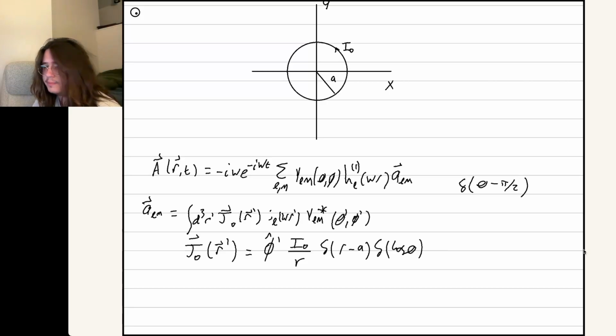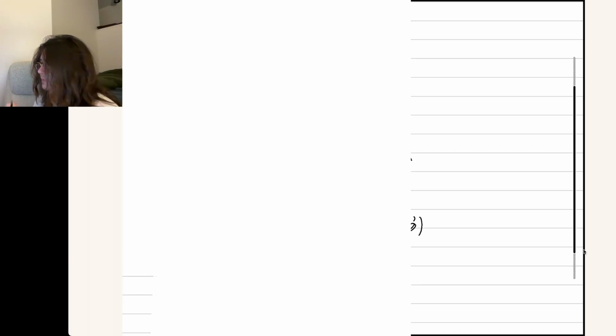We're just trying to keep the loop fixed in the xy plane. That's all that Dirac delta is doing. But yeah, that's the current density.